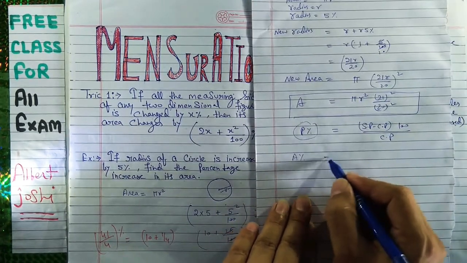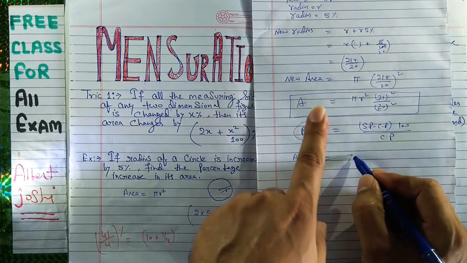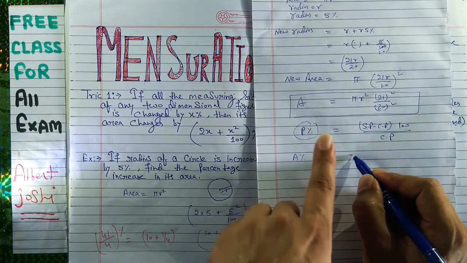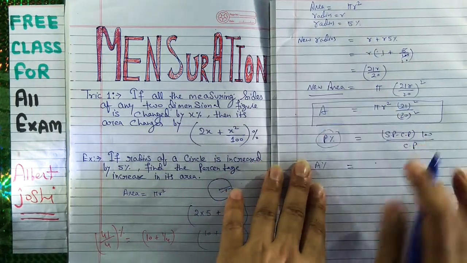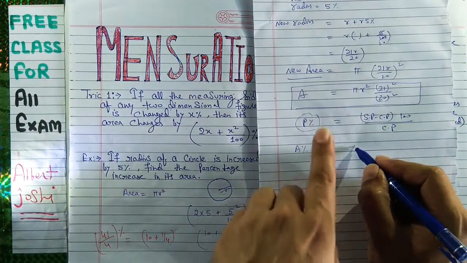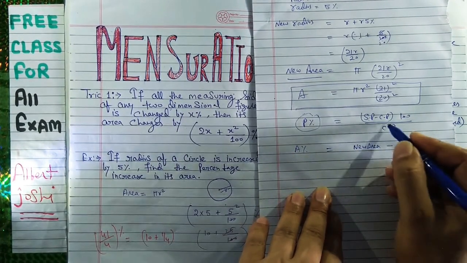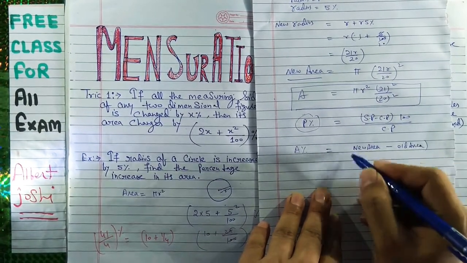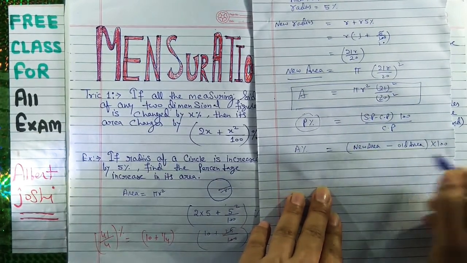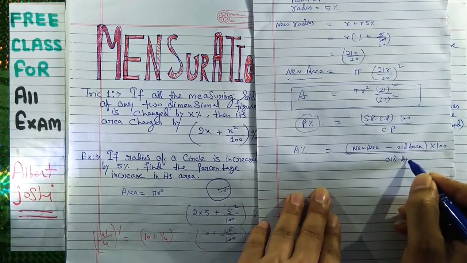So SP means the new area, minus CP, which means the old area. We are using the same formula, only changing the names, and CP means the old area.